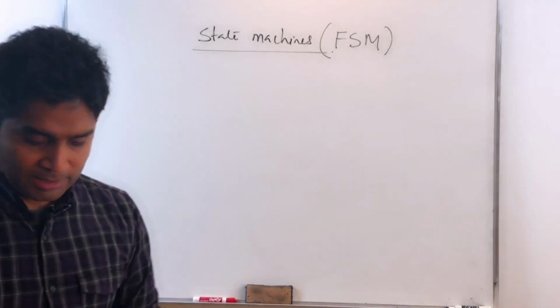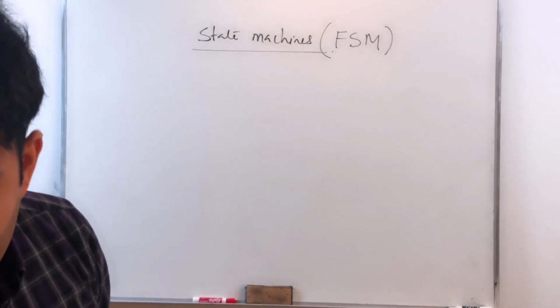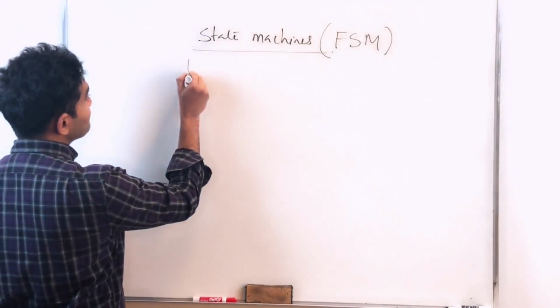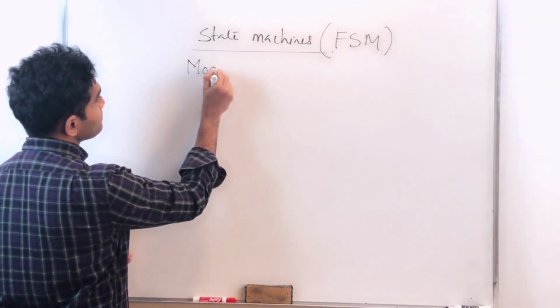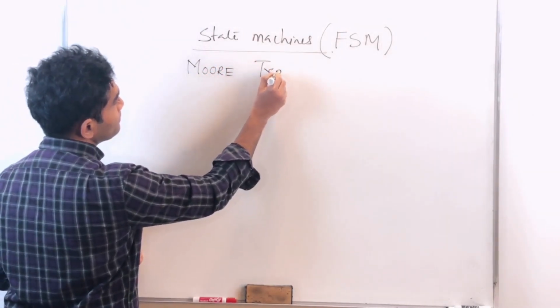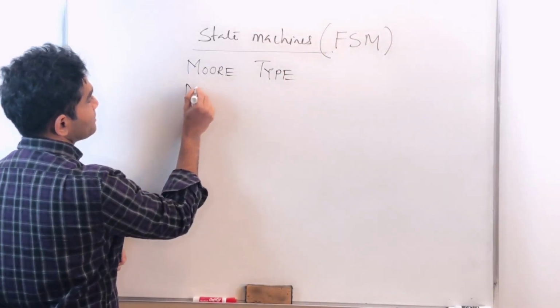All right. Now I can classify these into two types. One is what is called the Moore type state machine, and the Mealy type.